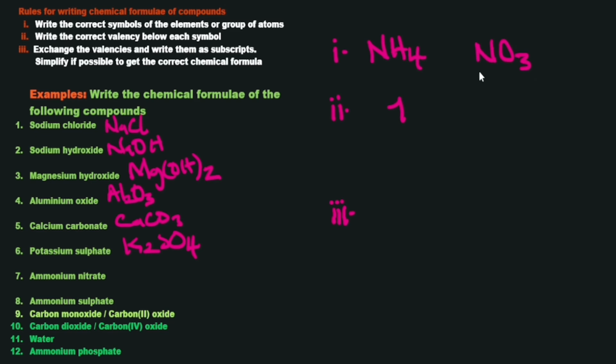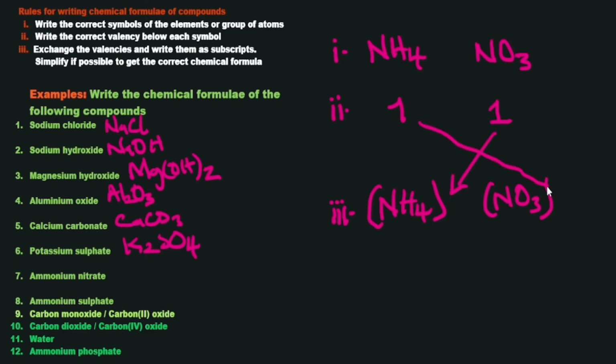Again here, we know that 5 for nitrogen, 2 for oxygen. 2 times 3 is 6. 6 take away 5, 1. So we bring down the symbols and put in bracket because it's a group of atoms. We do the same for nitrate and then interchange the valencies.